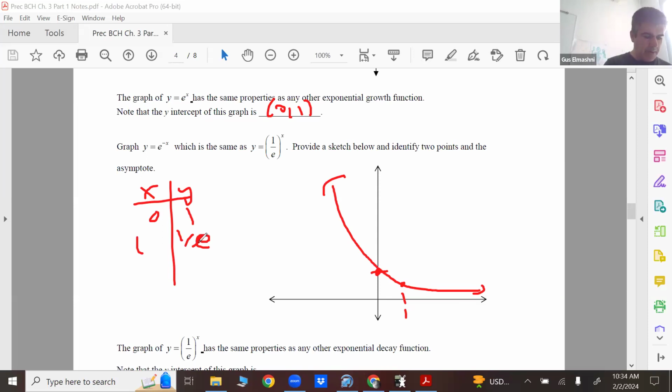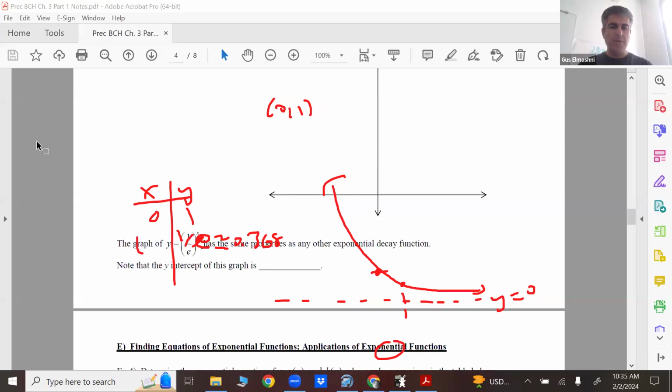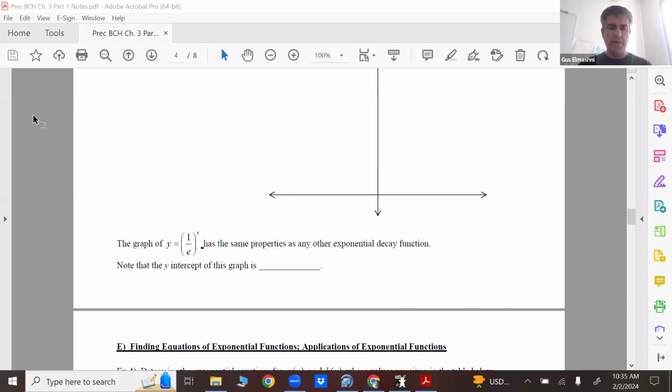What is 1 over that number anyway? Yeah, 0.367 roughly, 0.368. The asymptote is still the same. It is a decay function, same properties, not any different. The y-intercept is still 0, 1.